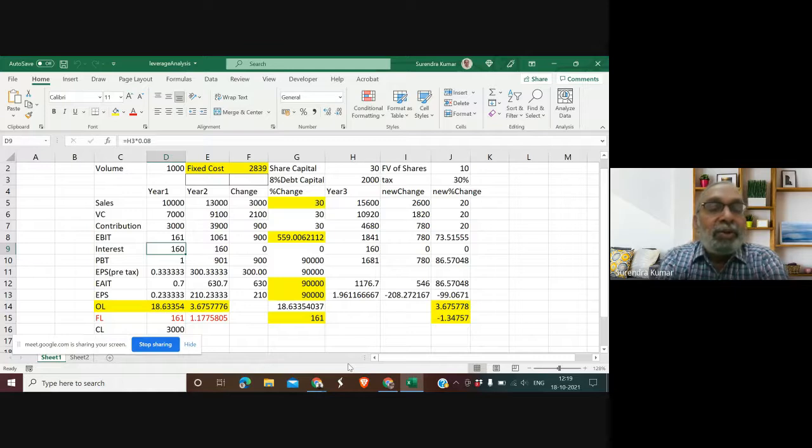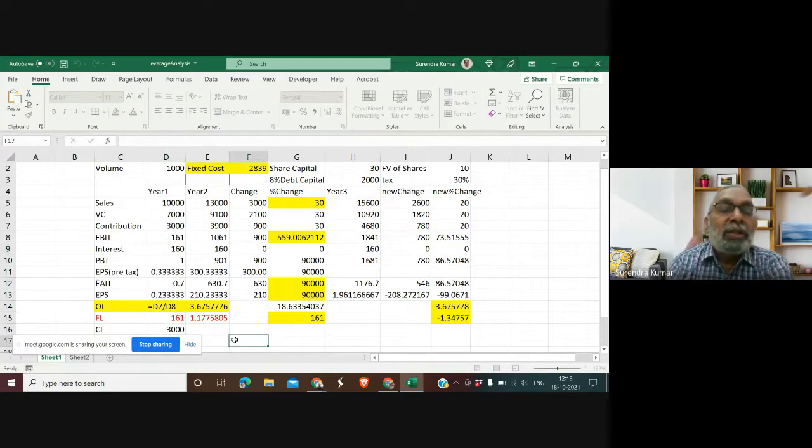And then we talk of the combined leverage, which is nothing but a multiple of the two. Now, this operating leverage as well as financial leverage, we can calculate in two different ways, is what I want to emphasize here.